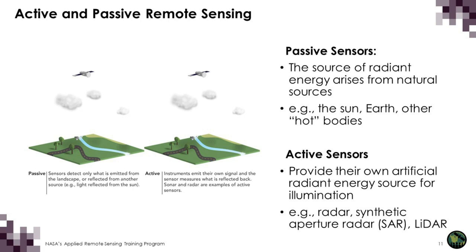Then there are active sensors, and these sensors provide their own illumination source. So a radar is an active sensor, and the instrument emits a burst of energy, and that same instrument measures the portion of the signal that is reflected back. So active remote sensing in the microwave range is called radar remote sensing.